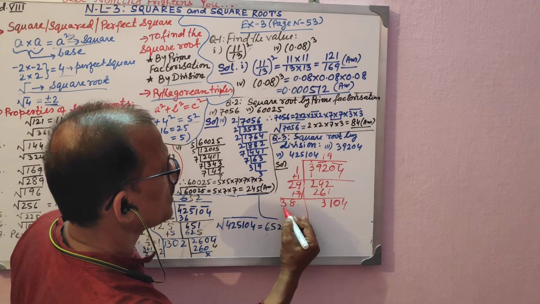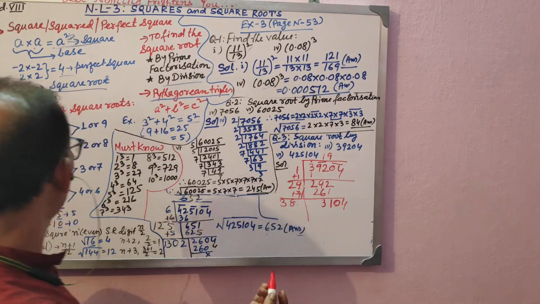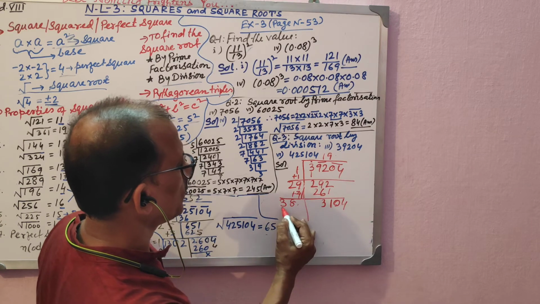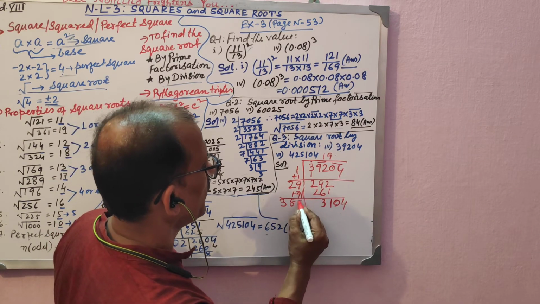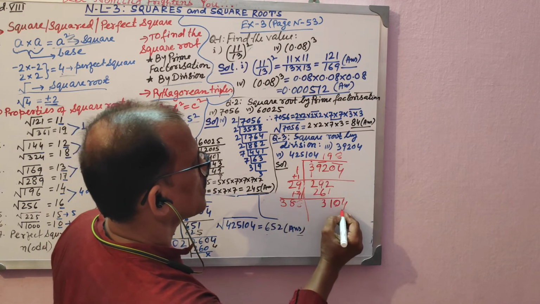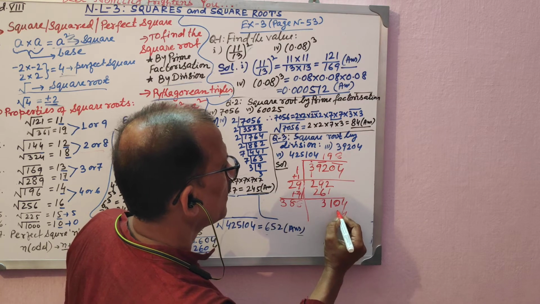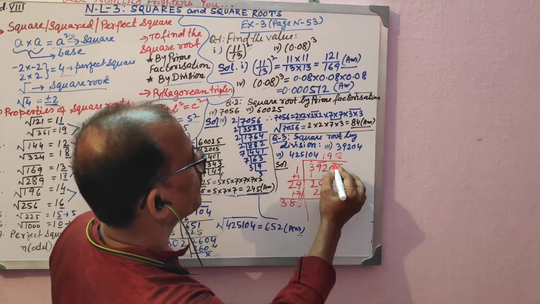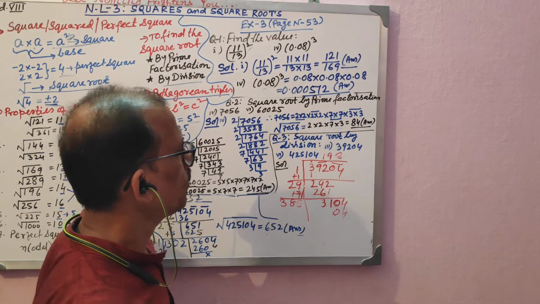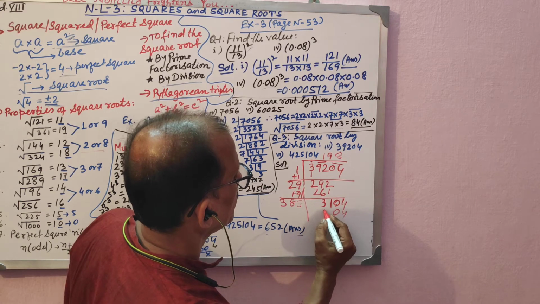What? 6 3s are... no, 4 means 8. It will be 2 or 8. So it will be 8 only. So 8 you are multiplying means 8 8s are 64, plus 6... 8 3s are 24, plus 7, 31.